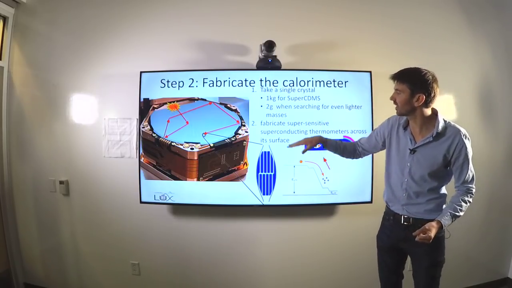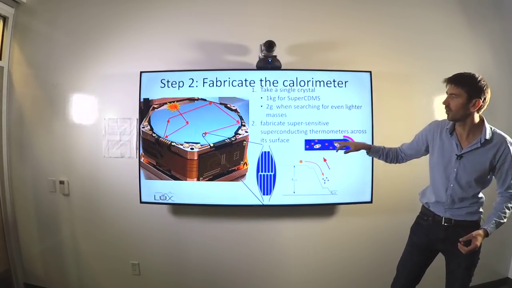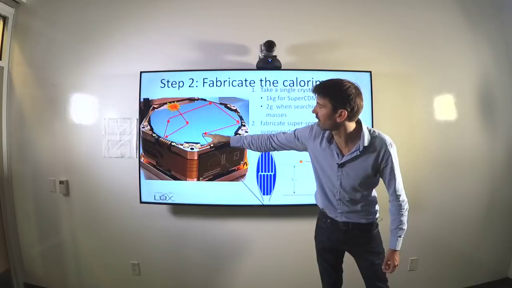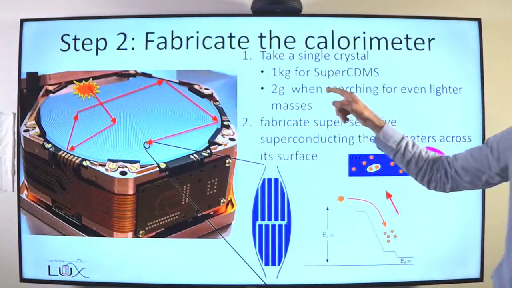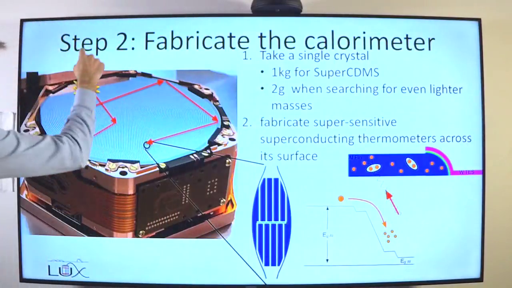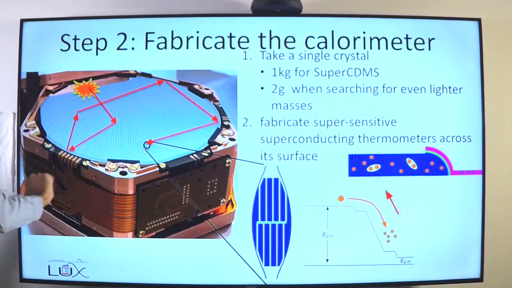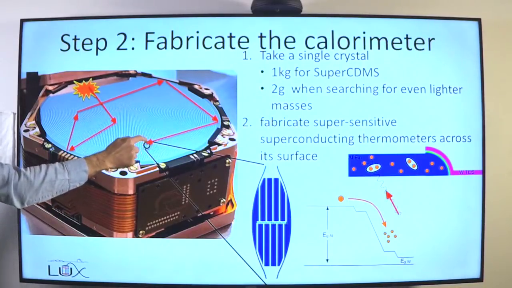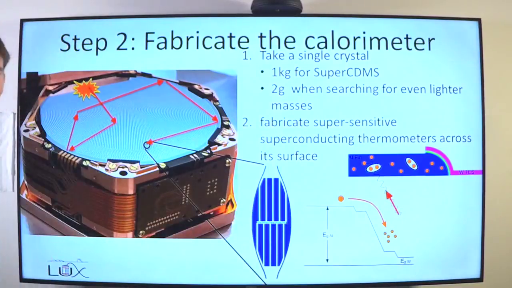And then we're going to fabricate these very sensitive superconducting thermometers all on the surface. And you can see these thermometers right there. They're those little tiny ovals. And when dark matter comes in, which I show right here, it hits, it makes vibrations. Those vibrations bounce around in the crystal. And eventually they get absorbed in this thermometer, and we see the signal. We just read out that signal.